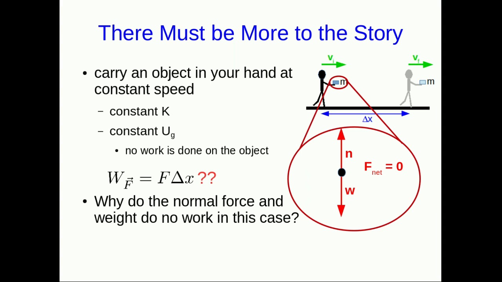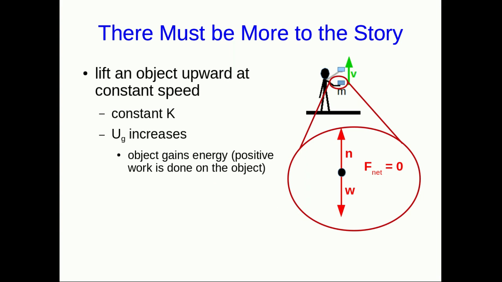You might be tempted to say, well, maybe what we need to think about is the net force, and maybe there's no work being done because the net force is zero. But that can't be right either, because think instead about raising an object at a constant velocity with your hand. So now, again, its kinetic energy is constant because you're raising it with a constant speed, but it's going up.